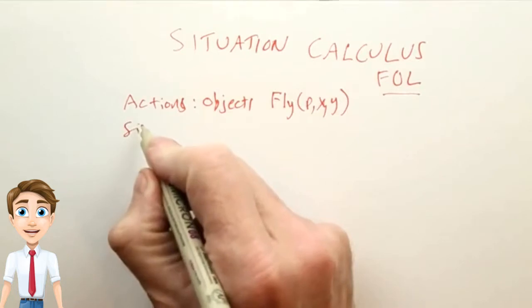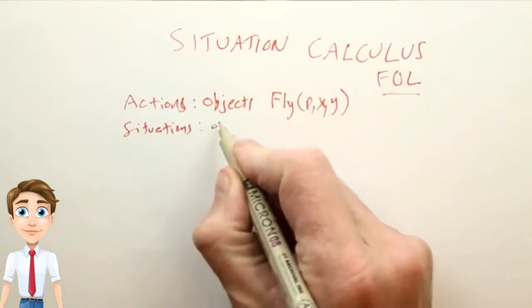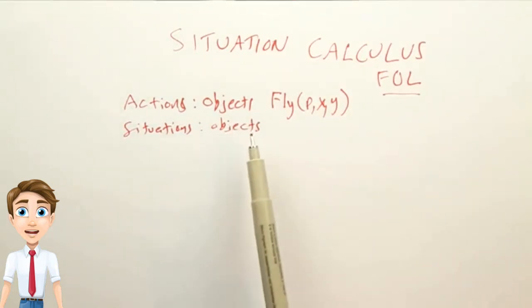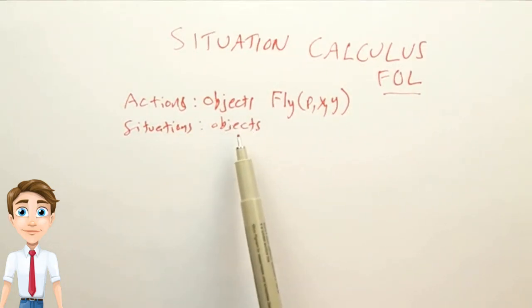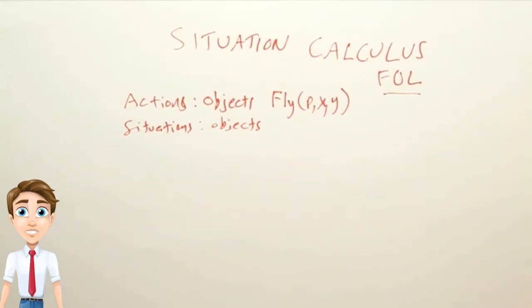Then we have situations, and situations are also objects in the logic, and they correspond not to states, but rather to paths, the paths of actions that we have in state space search. So if you arrive at what would be the same world state by two different sets of actions, those would be considered two different situations in situation calculus.